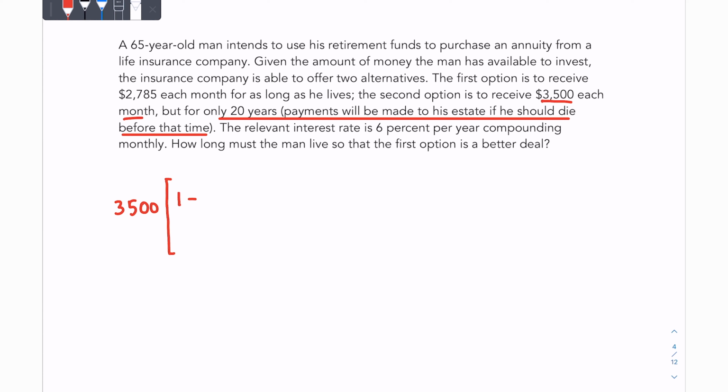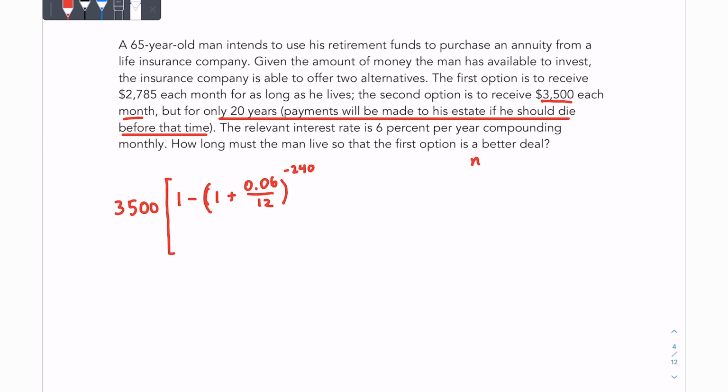So 1 minus 1 plus the discount rate of 6% compounded monthly. So that would be 6% divided by 12. And it's monthly payments for 20 years, so we would have 240 payments. So I'll put that to the power of 240.